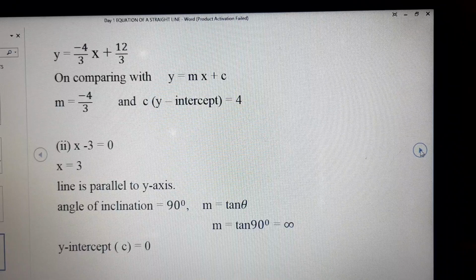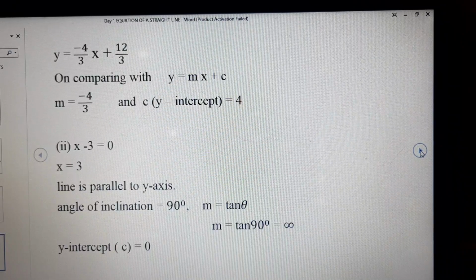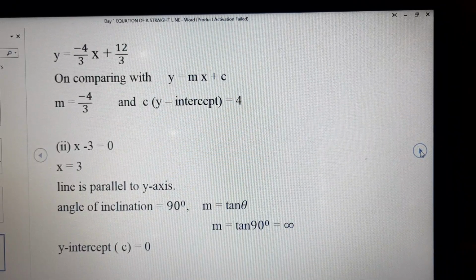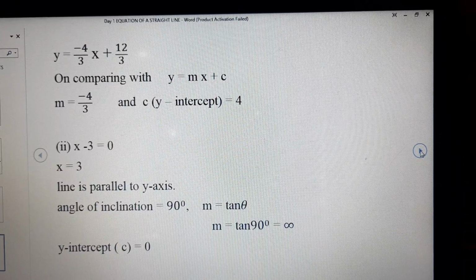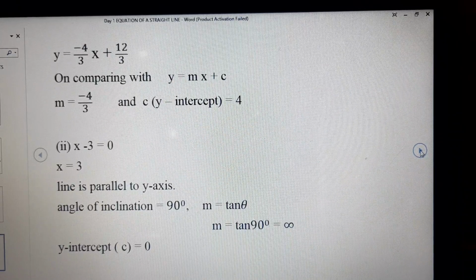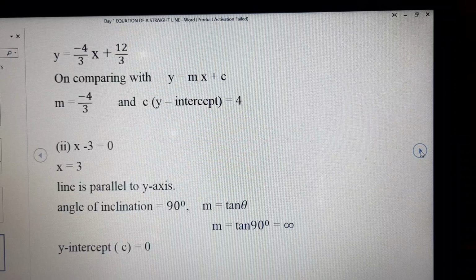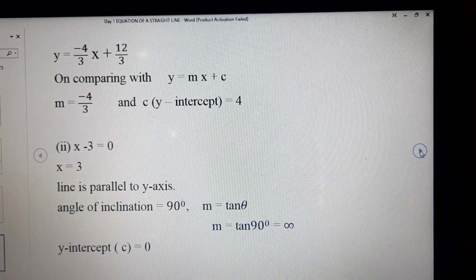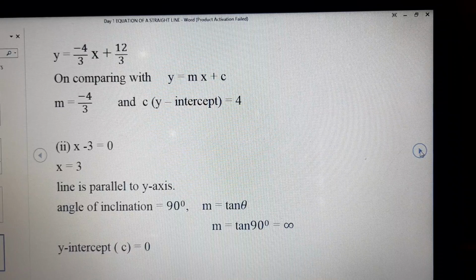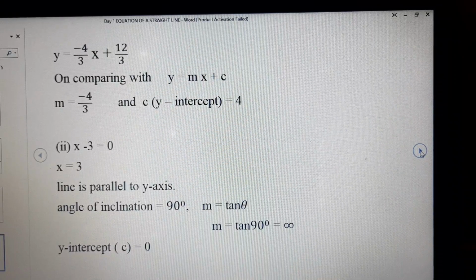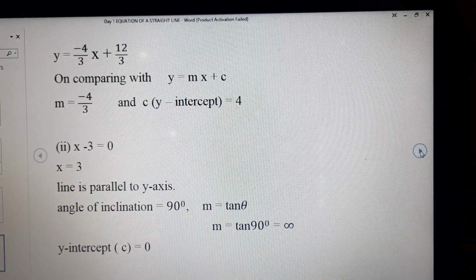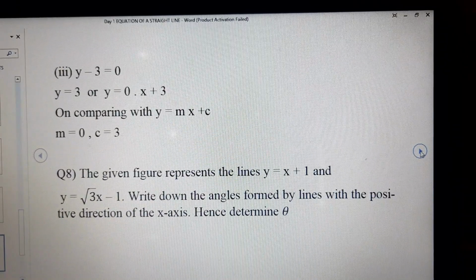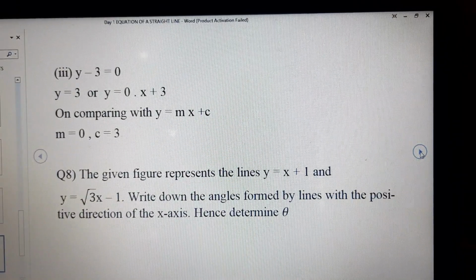Infinite, means not defined. That is why I told you that a line which is parallel to the y-axis, its slope will be not defined. It means it will be infinite or not defined. And the y-intercept will be 0 because it is parallel to the y-axis. It is not going to intersect the y-axis anywhere.